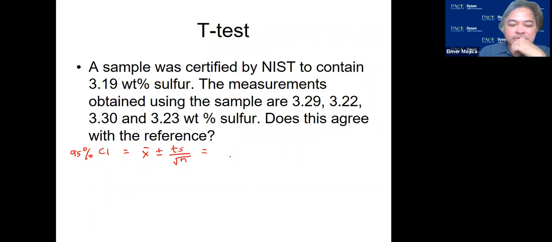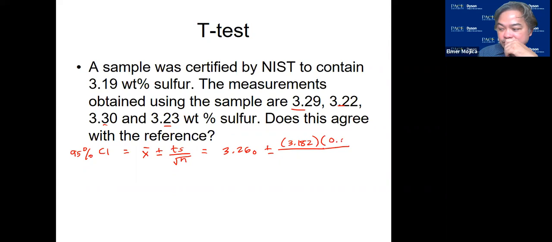The first thing that we do is get the mean and standard deviation. Calculating this, we get this value, plus or minus 3.182 times the standard deviation of 0.04 over the square root of 4. Now, where did I get the 0.04? It is the standard deviation when I use these four values.